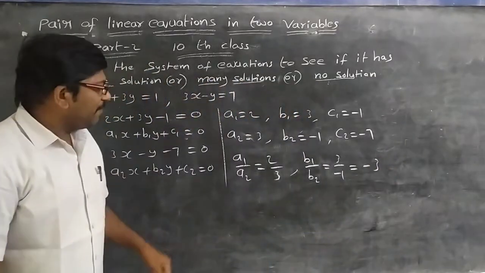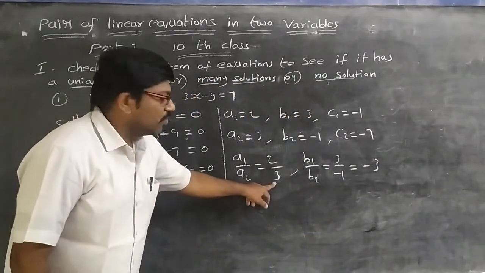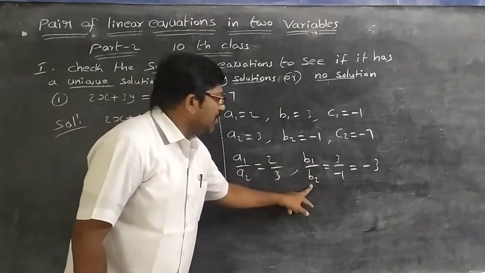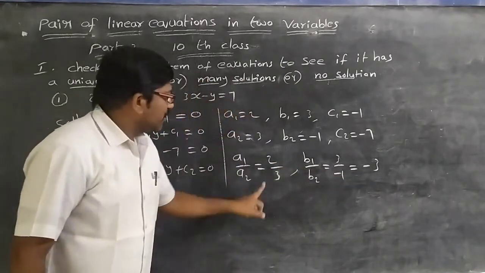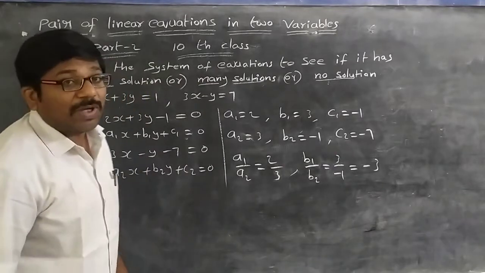Observe carefully. Here A1 by A2 is 2 by 3 and B1 by B2 is minus 3. That means the two are not equal.